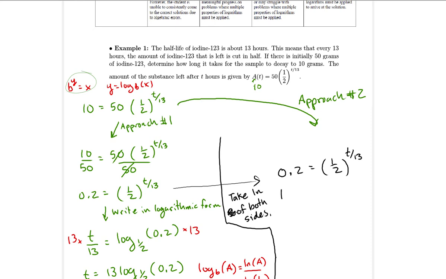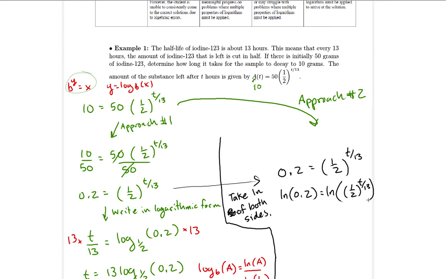So I'm going to say the natural log of 0.2 is equal to the natural log of (1/2) to the t over 13. Oops, that's getting a little messy. I apologize. So I'm taking the natural log of both sides.